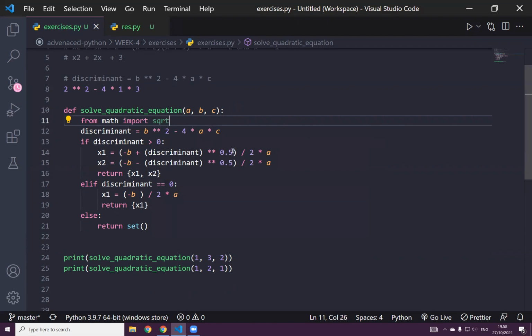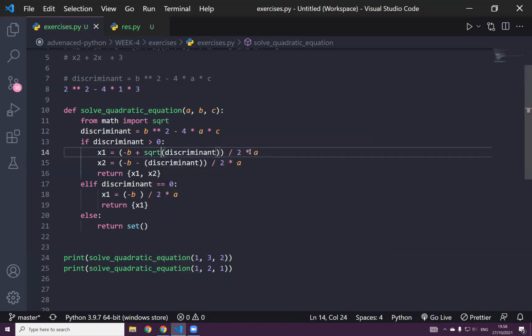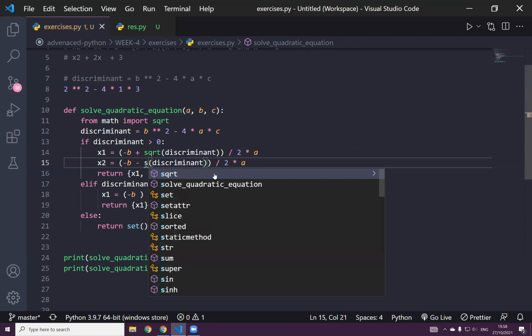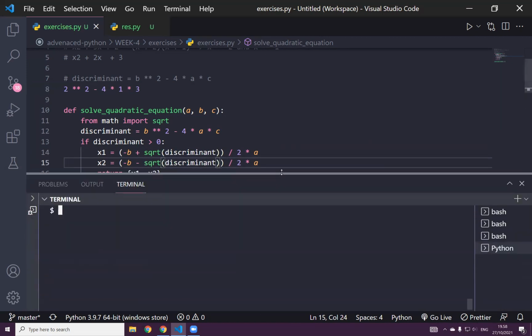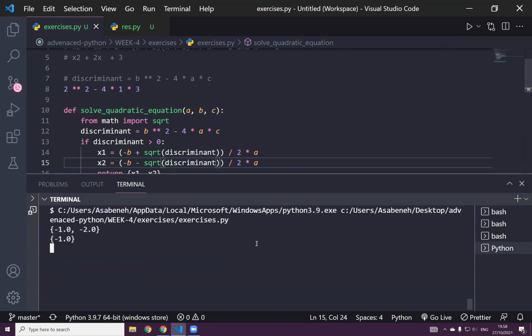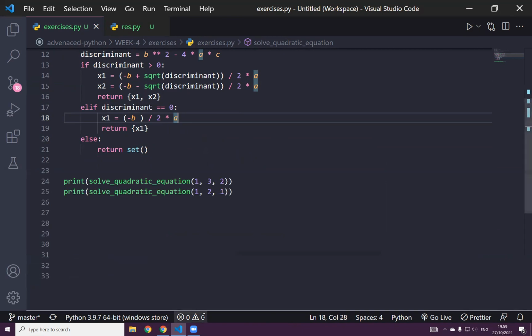And now, instead of doing this, you can also use sqrt. Let's see the solution. Yeah, the same value we got. Okay, great. You can use this or the other, it doesn't really matter.